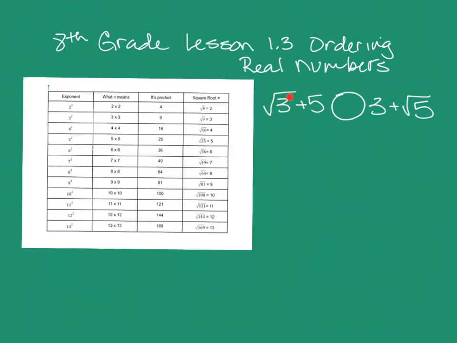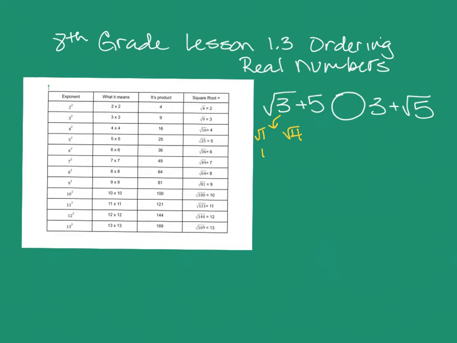So here for square root of 3, I'm finding that square root of 4 is immediately higher, and the only thing lower than square root of 4 as a perfect square is square root of 1. So I'm going to have square root of 1 as the lowest and square root of 4 as the highest, and that square root of 3 is going to fall somewhere in between, right? And the square root of 1 is 1, because 1 times 1 is 1.